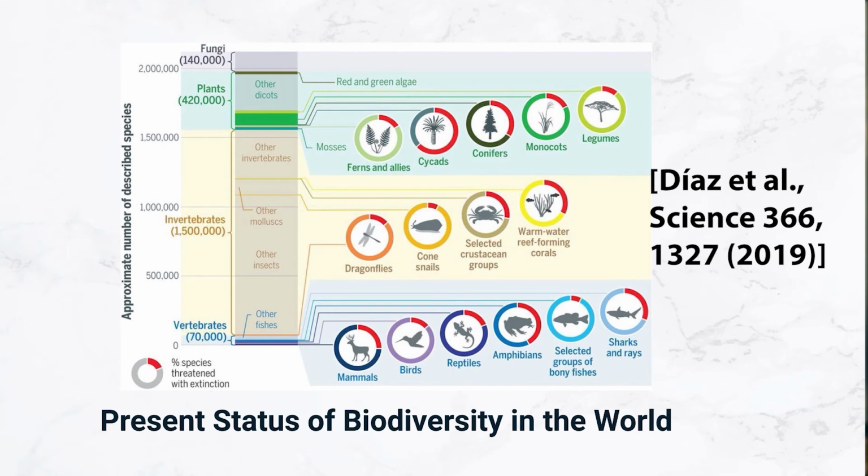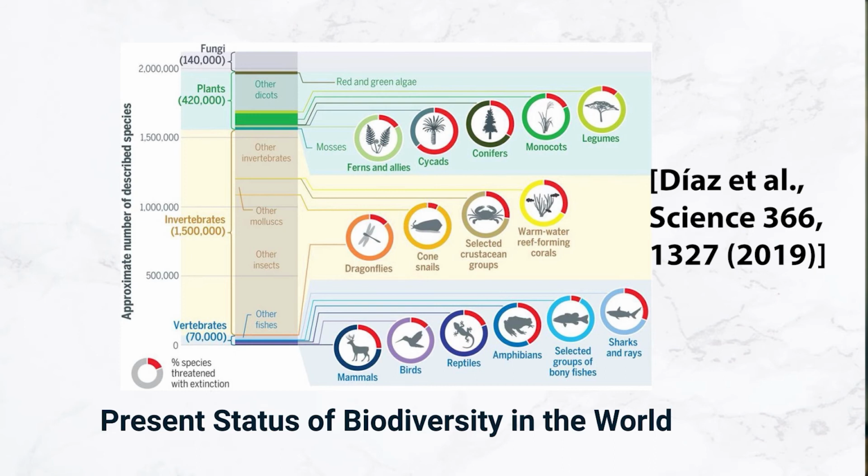If you look here, based on a publication by a group of scientists under Dice et al., the extinction risks and diversity in different taxonomic groups are shown. In this picture, you will see the approximate number of described species of animals, plants and fungi in the bar: fungi, plants, invertebrates and vertebrates.